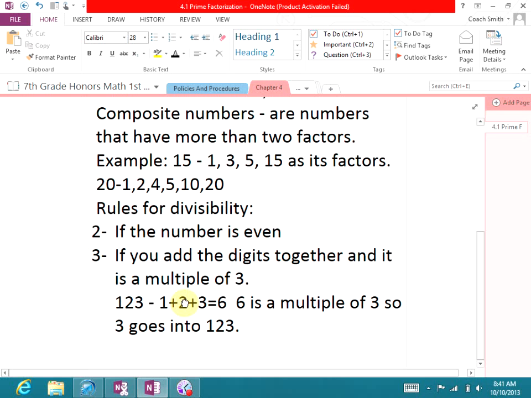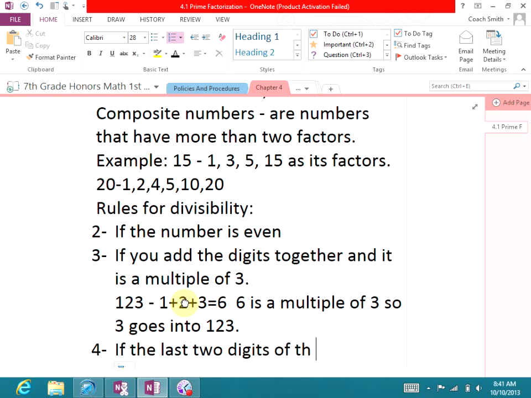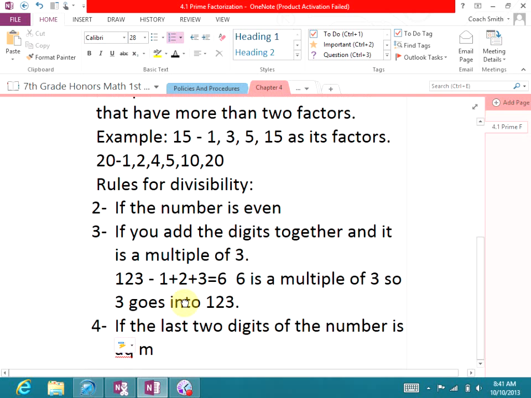The rule for 4: if the last 2 digits of the number are a multiple of 4, then 4 goes into the number.